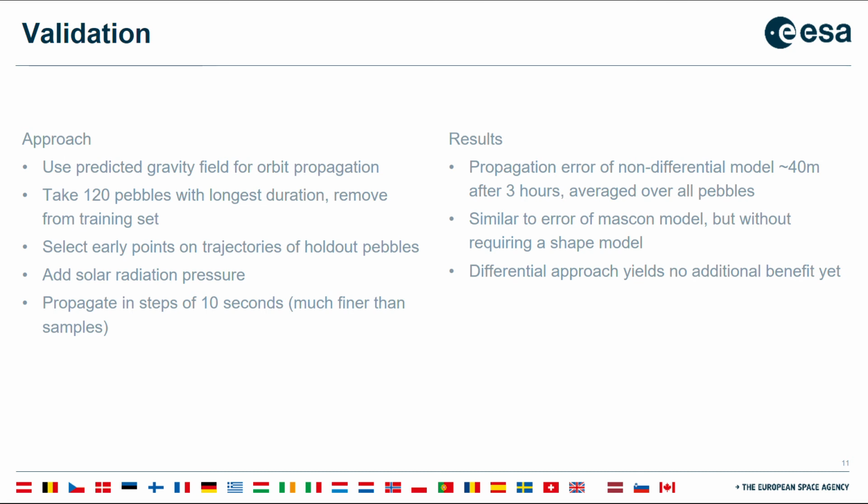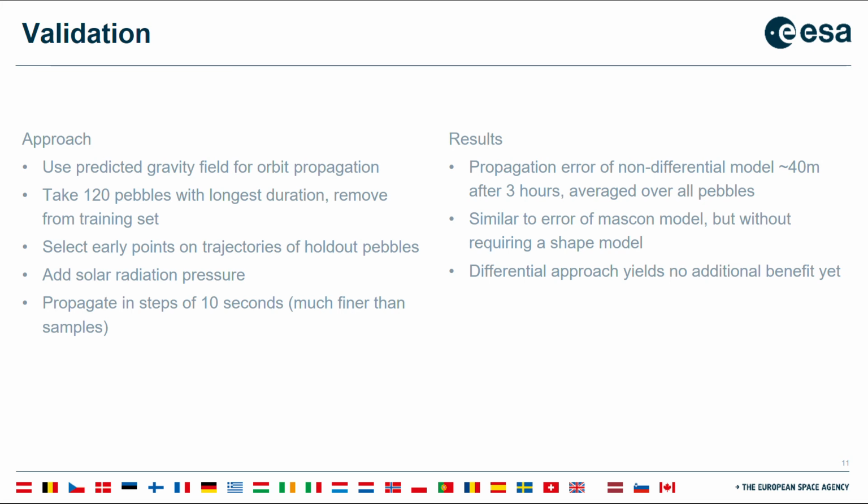And we remove them from the training set used to infer the mass density, and then train the networks without these. And then on each of these holdout pebbles, which are not in the training set, we select an early point on the trajectories and then propagate based on the predicted gravity acceleration. And of course, we add solar radiation pressure.